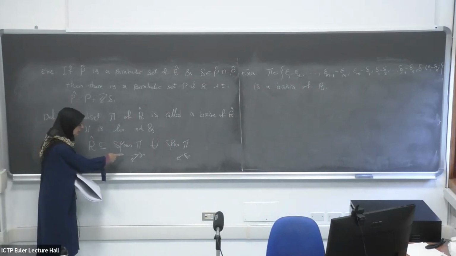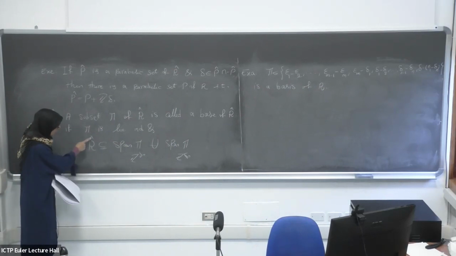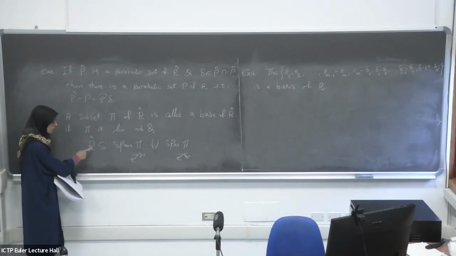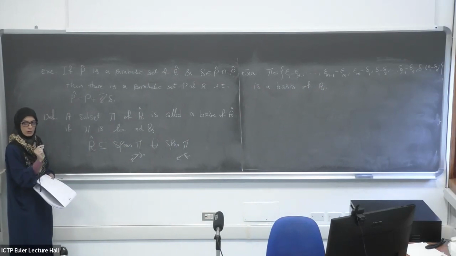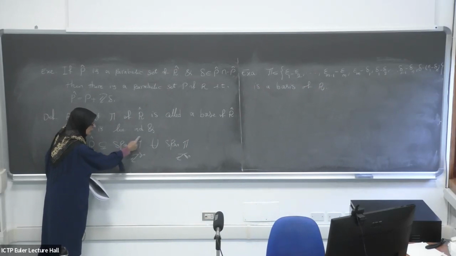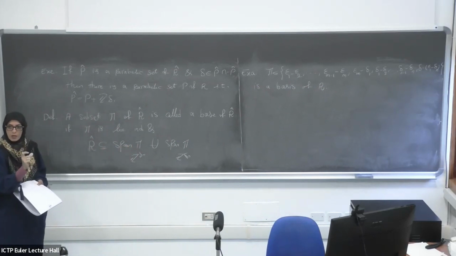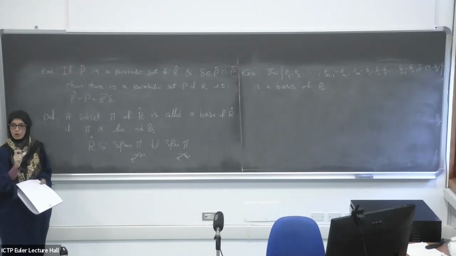Each element of R hat, suppose that element is not 0, can be written as a linear combination of elements of pi, and all coefficients are non-negative, or all of them are non-positive.